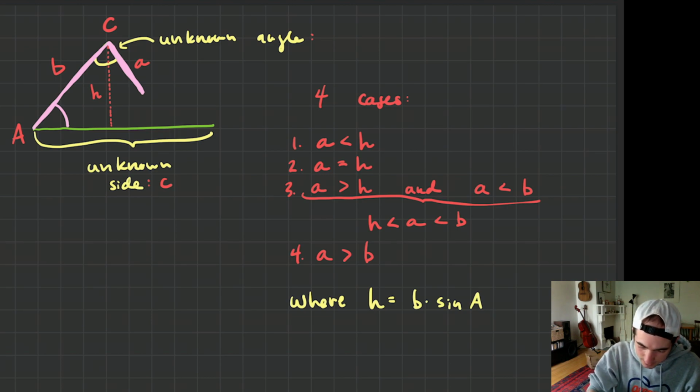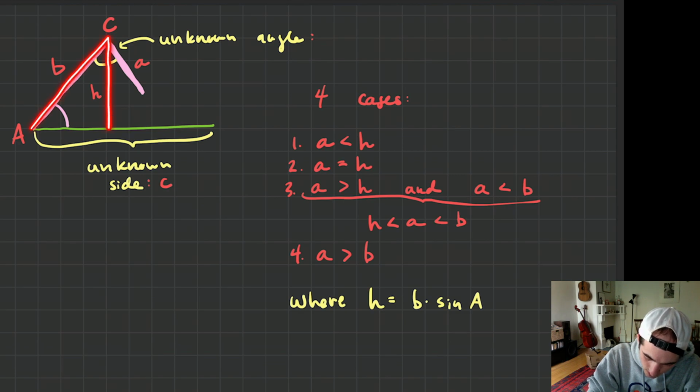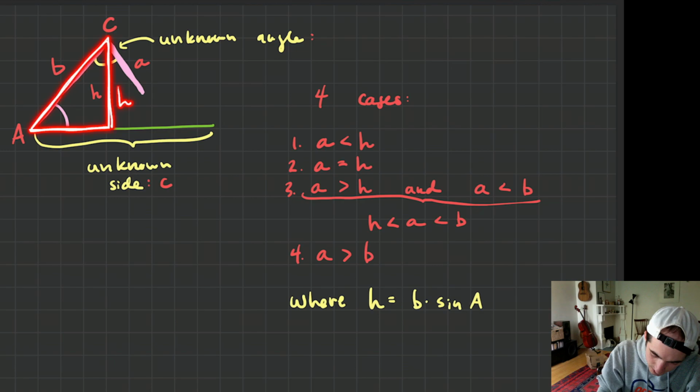Okay, remember, because here's our right angle triangle, right? We can make our own right angle triangle because this angle is known. Even though we don't know the length of this side, it doesn't really matter because all we need is just this angle. So we can make this right angle triangle. Here's h, our opposite side to the angle that we know. This is a right angle. Here's our hypotenuse, which we're calling b.